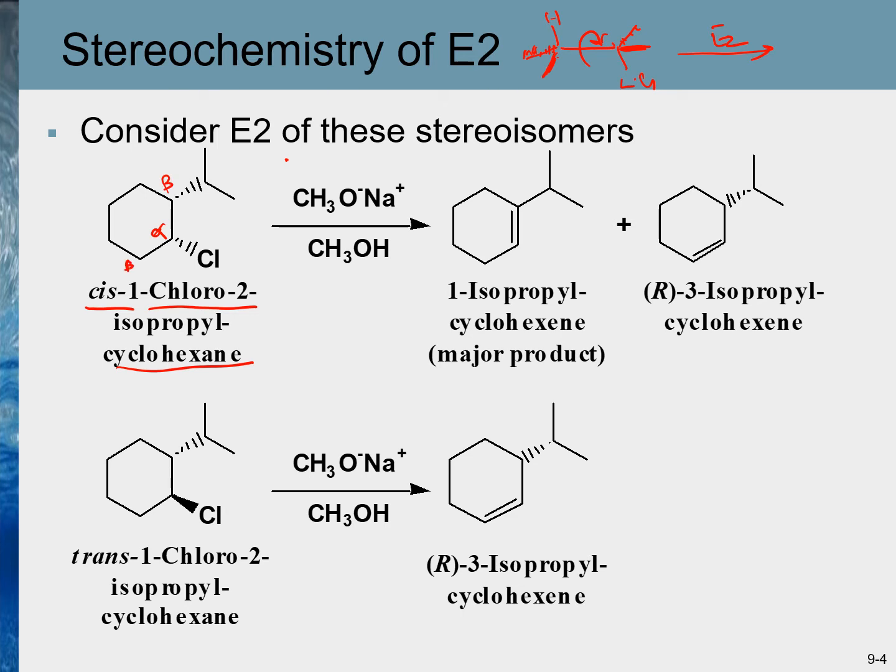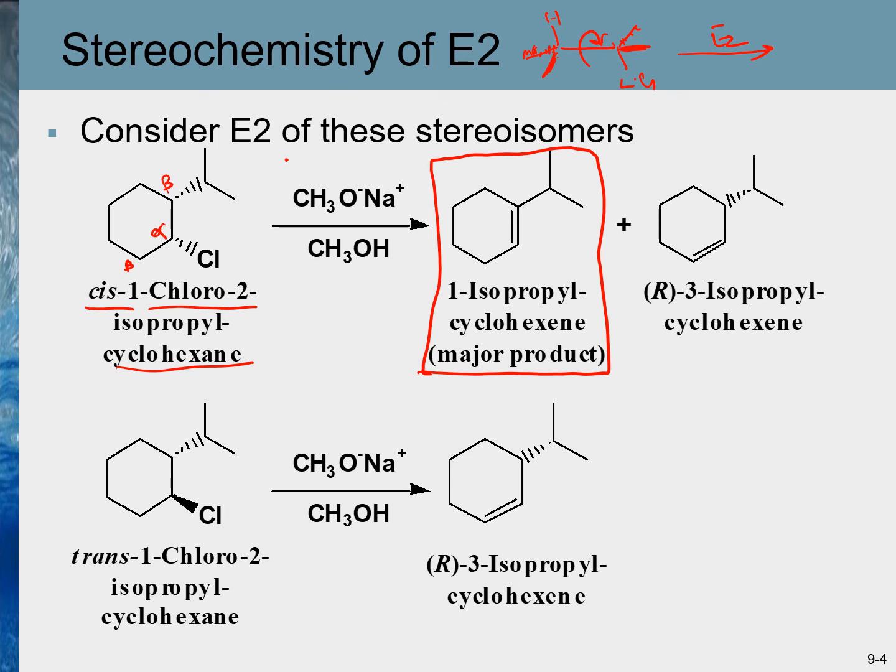So of course both of these beta positions do have hydrogen, so we get both products, and we know according to the regioselectivity rule that the Zaitsev product is the major product, and the Zaitsev product is the one in which the alkene is more substituted. So therefore this is the major product because the alkene is more substituted, and that is the obvious answer, and that is the desired product.